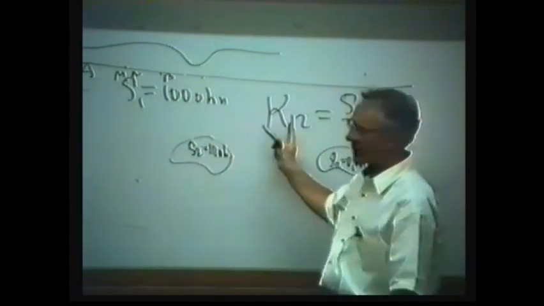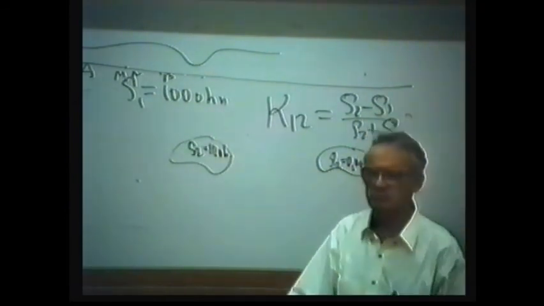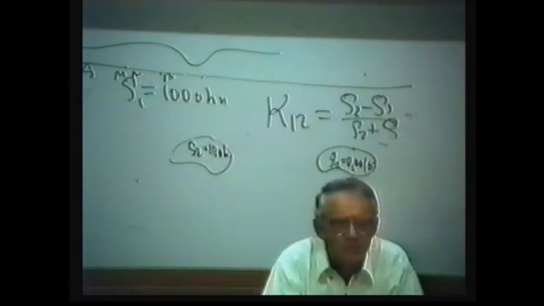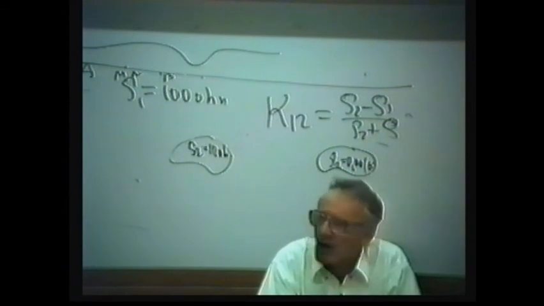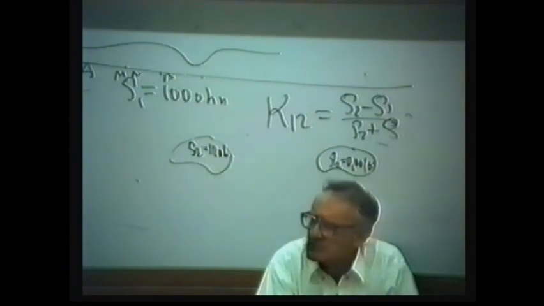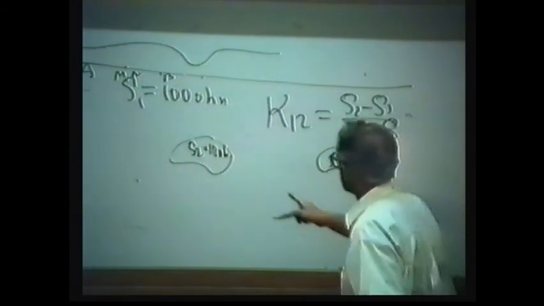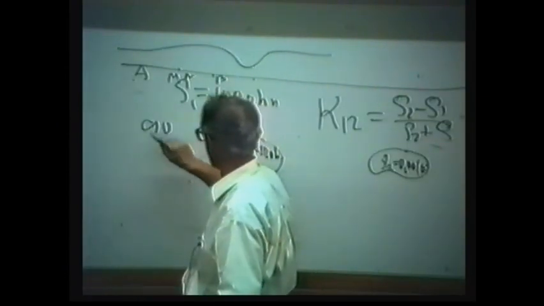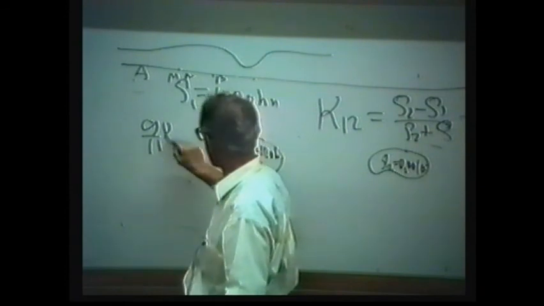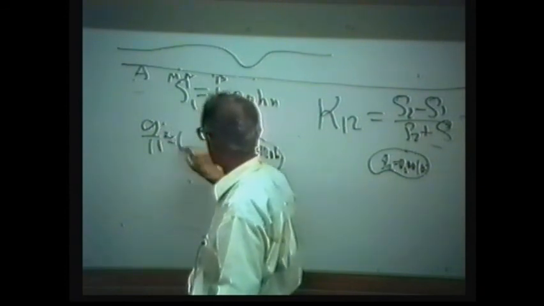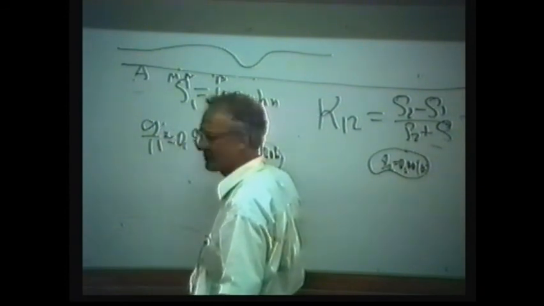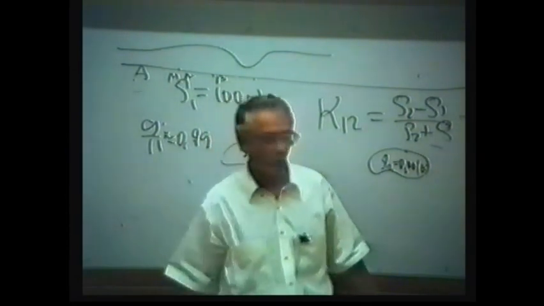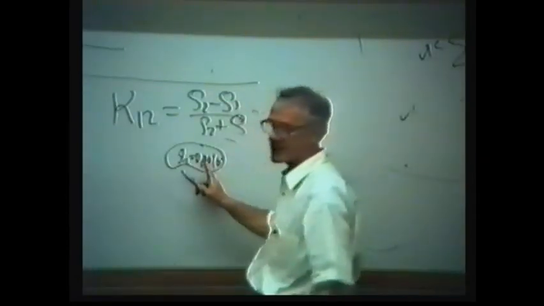In this case, what would be coefficient K12? So 9, 11. Correct? So around 0.8, 0.9. True? What would be the coefficient of contrast in this case?